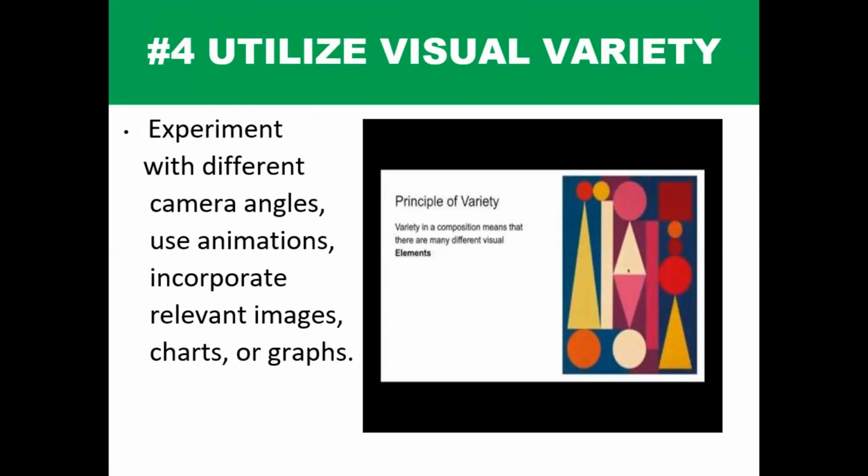That's why you need to incorporate relevant images, animations, charts, or graphs. Remember that a visually appealing video helps reinforce key concepts and keeps the viewer's attention. So you need to utilize visual variety.